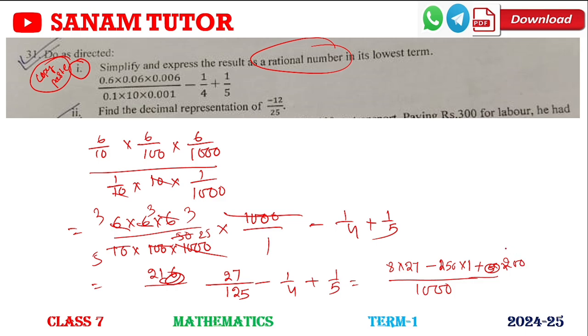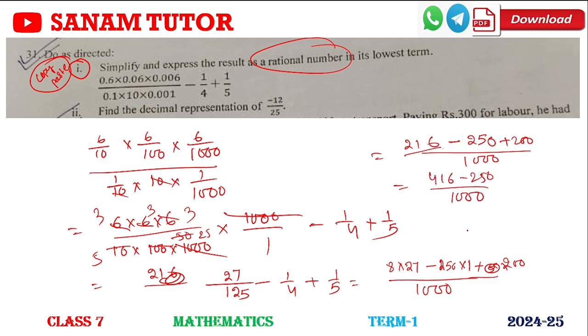Now addition, 216 minus 250 plus 200 by 1000. Now 216 minus 250 by 1000. So now minus, that is 6, 11, 6, here is 3, 3 minus 2, 1 by 1000. So the answer is 83 by 500.